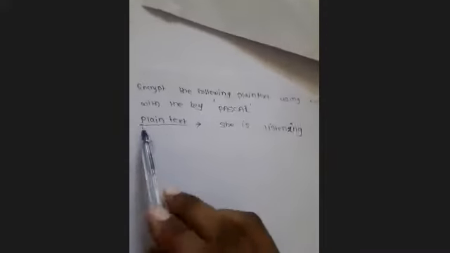And the given plain text is "she is listening." Plain text given here is she is listening, and the key given is Pascal. You have to use Vigenere cipher method 2 by using the formula. Let me know the ciphertext for this plain text.